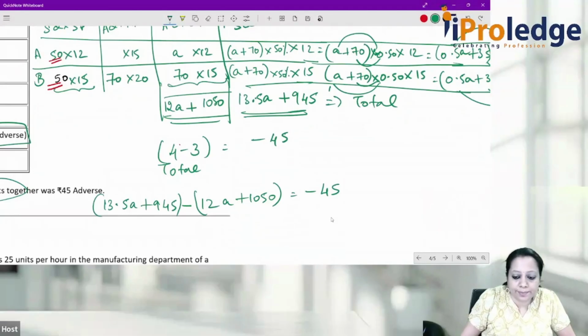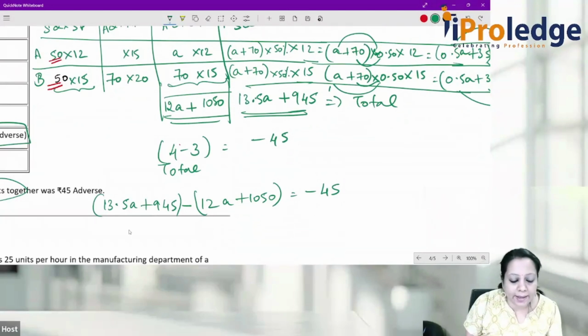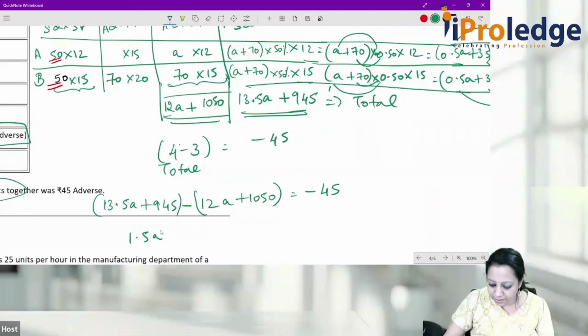Yes, students, everyone. Now, directly can we find A, students? It is going to be 1.5A. Let us group all the numbers together.